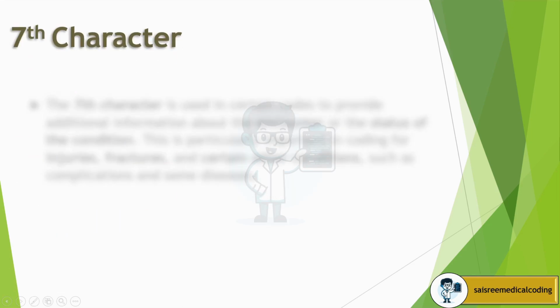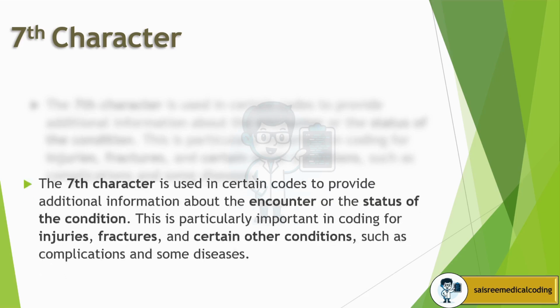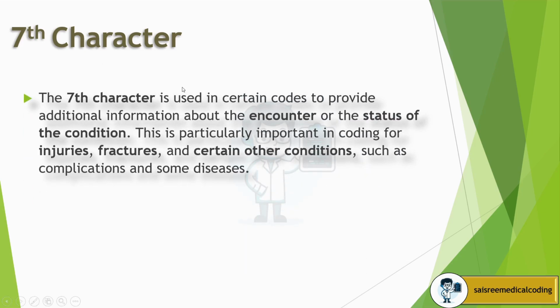And coming to the seventh character, the seventh character is used in certain codes to provide additional information about the encounter or the status of the condition. This is particularly important in coding for injuries, fractures, and certain other conditions, such as complications and some diseases. We'll see the examples.